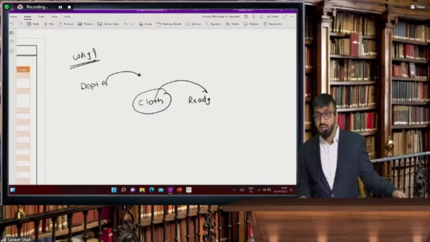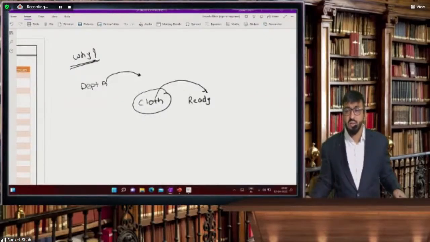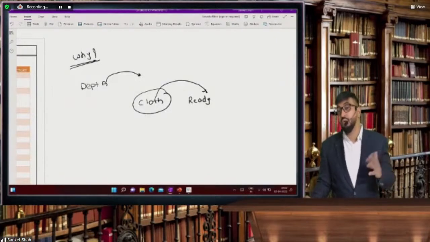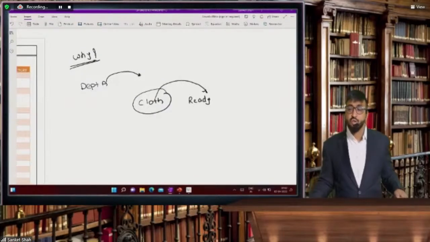Similarly, the leather department, by doing some basic process, will transfer raw material to the shoes department, and the shoes department will manufacture shoes. This is a finished goods department. So, sir, this is departmental accounting.